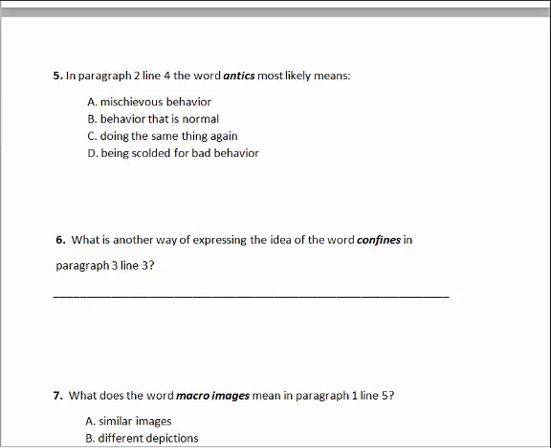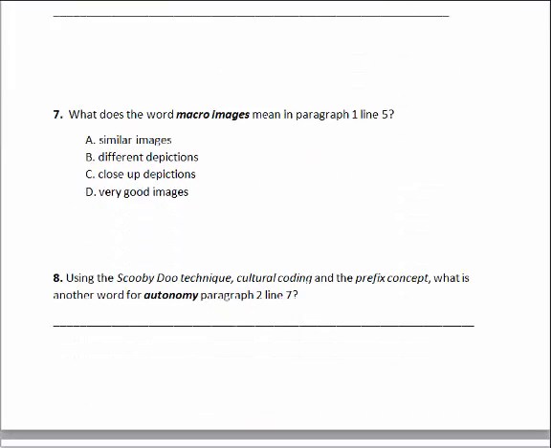Let's go ahead and take a look at our answer choices. Once we have a rough idea what the word means, we can go ahead and do process of elimination, double pass, cross stuff out. Similar images. Well, similar, we already know that macro means large, so that's not right. B says different. Depictions is like an image, so that's a Scooby-Doo off of image.